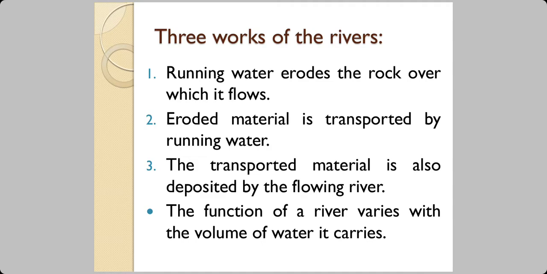Like I told you, for every activity which is changing the landform, there are three things. One is erosion, second is transportation, and third is deposition. In these three sentences also, the first sentence is erosion, the second sentence is deposition. Eroded materials are transported by running water.